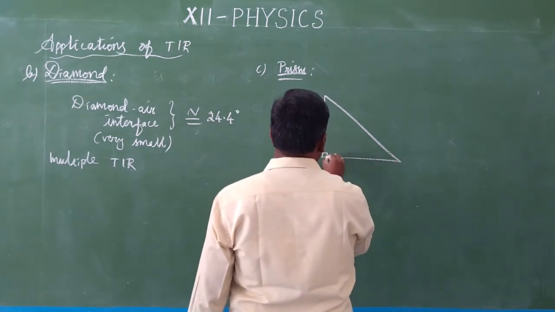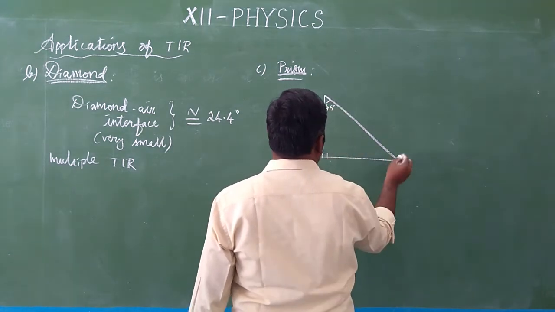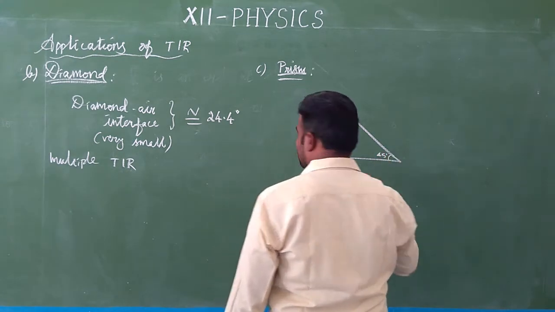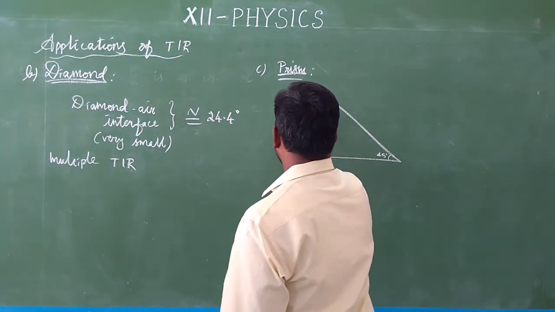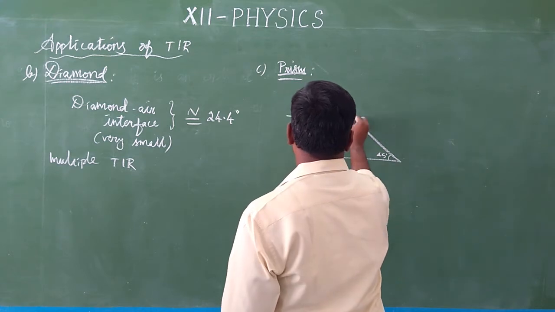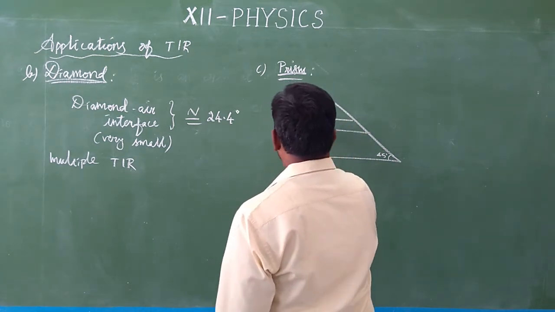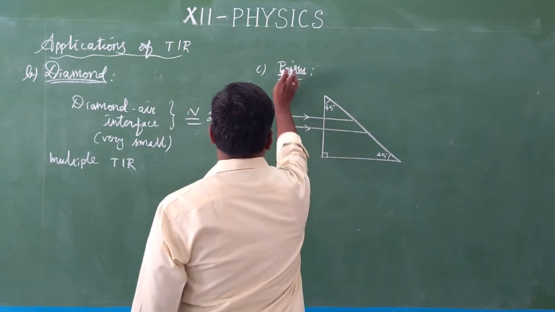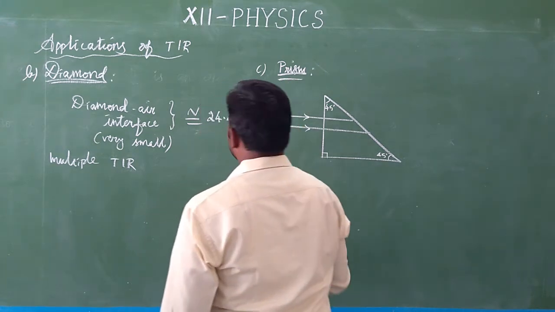In the right angle prism, there is a 90 degree angle and the other two angles are 45 and 45 degrees. In this, we allow the light rays from the object to pass into the prism. AB is the object.